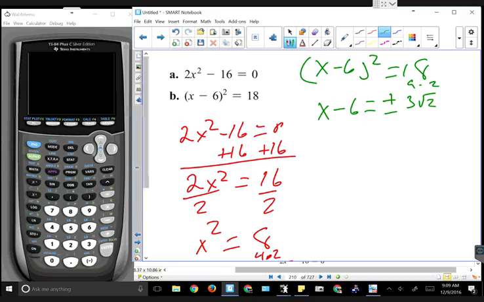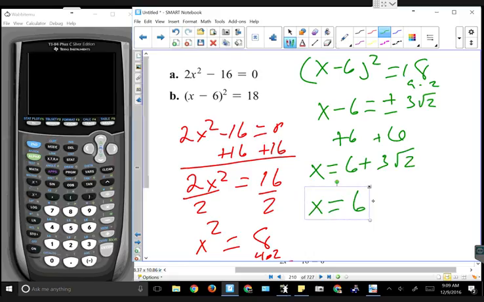Square root 2. Now, in this instance, I've got x minus 6 over here, so I am going to have to create two problems because I have to add 6 to both sides. So x is either going to be equal to 6 plus 3 square root of 2, or x is going to be equal to 6 minus 3 square root of 2. Because we've got the plus and minus here, we have to make sure that we put both of them in.